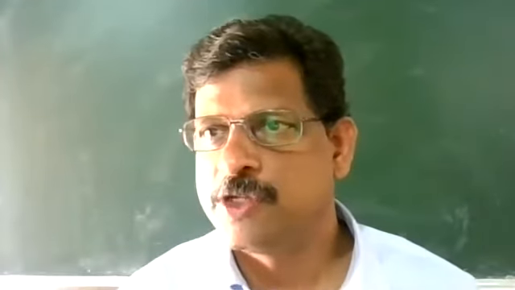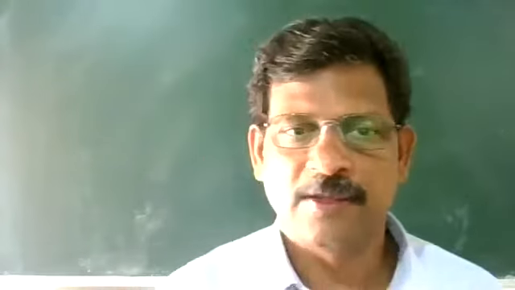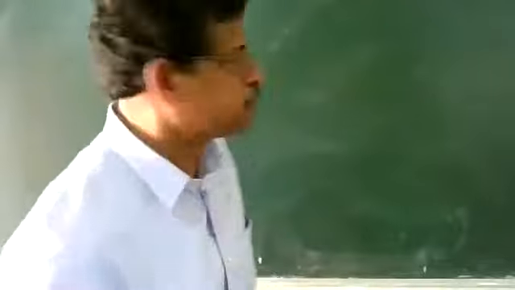So if you are asked to derive the total work done to assemble 4-point charges, that also we'll do today. So 4-point charges are there. That is the maximum number that can be asked. All are at infinite distance.